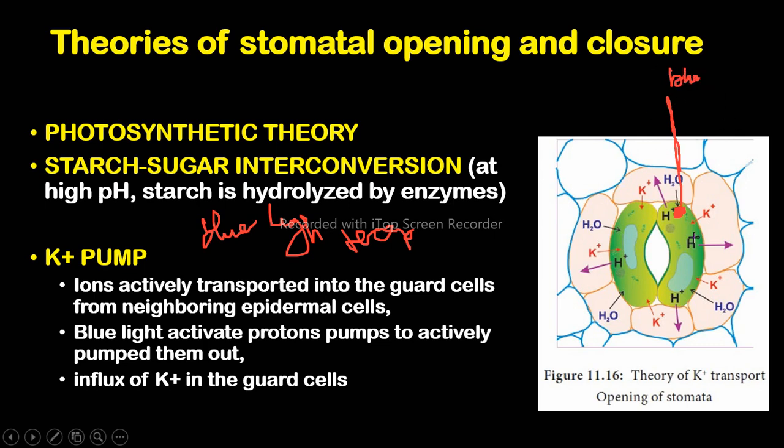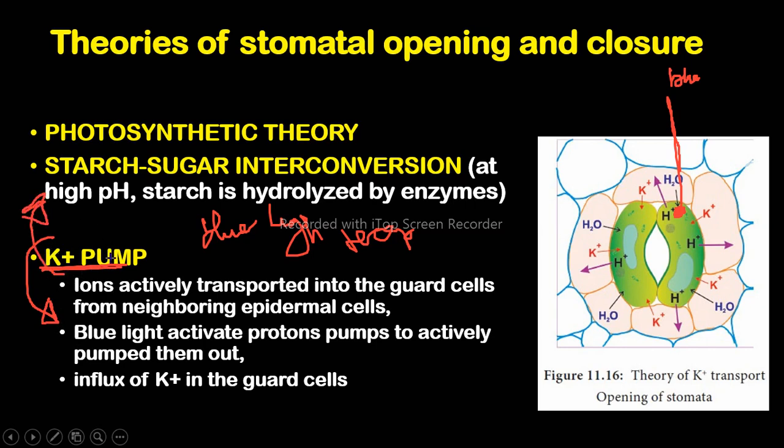So now, when these receptors receive the blue light, they undergo configurational changes that will lead to opening of the potassium pumps. As a result, you pump potassium ions into the guard cells, and obviously hydrogen ions will be pumped out.